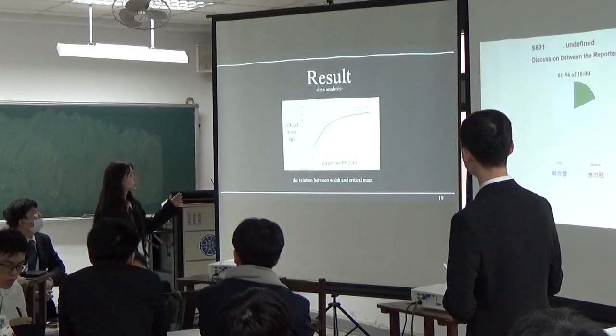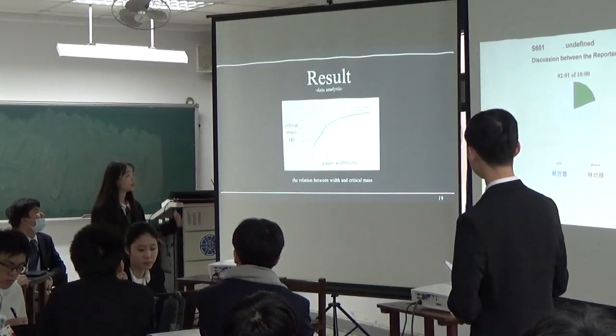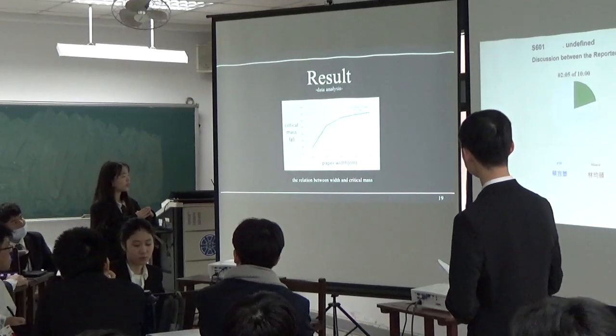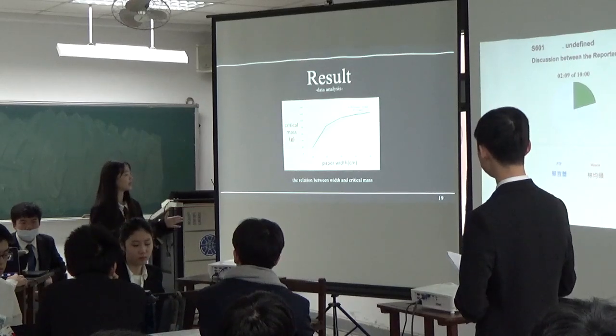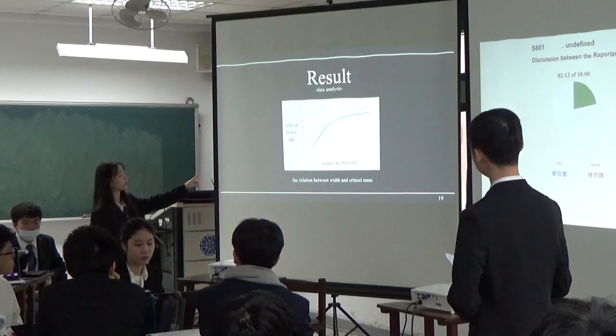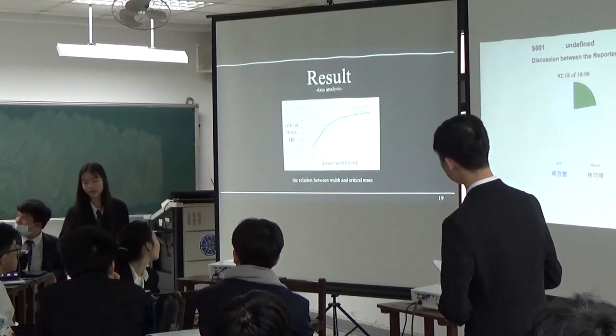Okay, so the first graph is about the width and the critical mass. In our expectation, the more width the paper has, the critical mass will increase. So this is the graph, and it kind of fits our expectation.